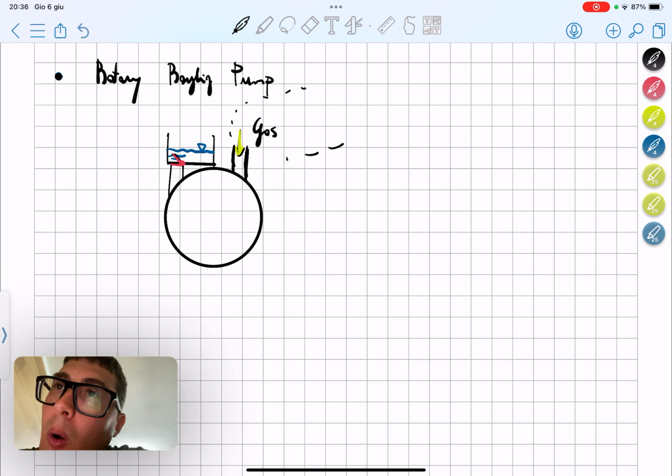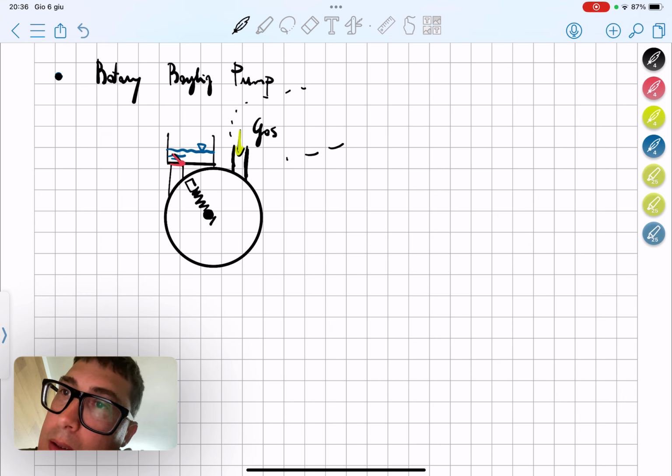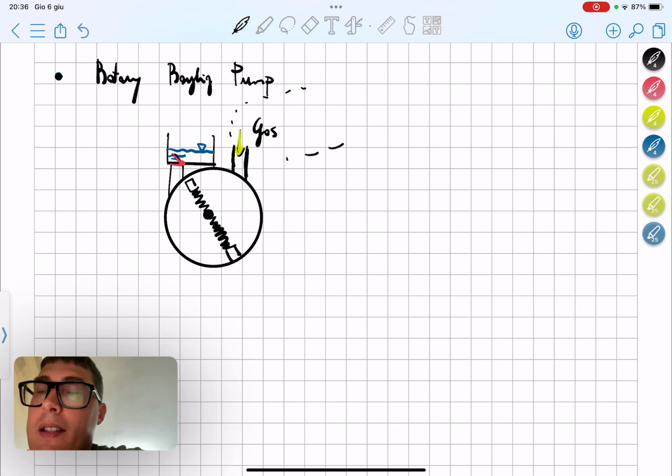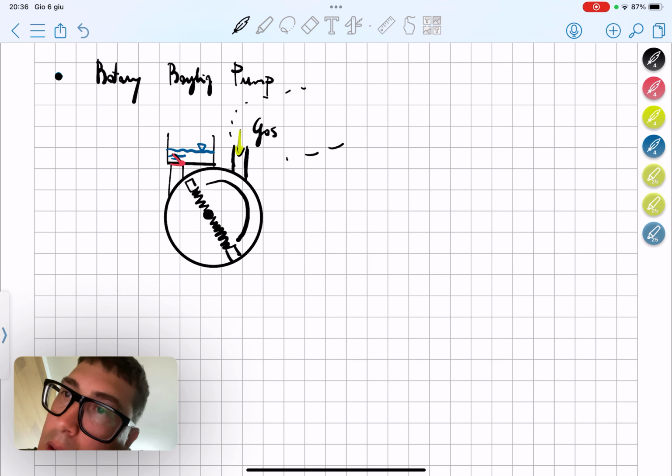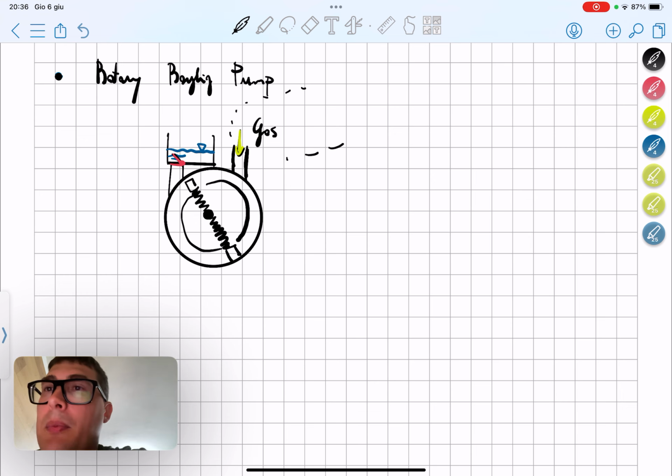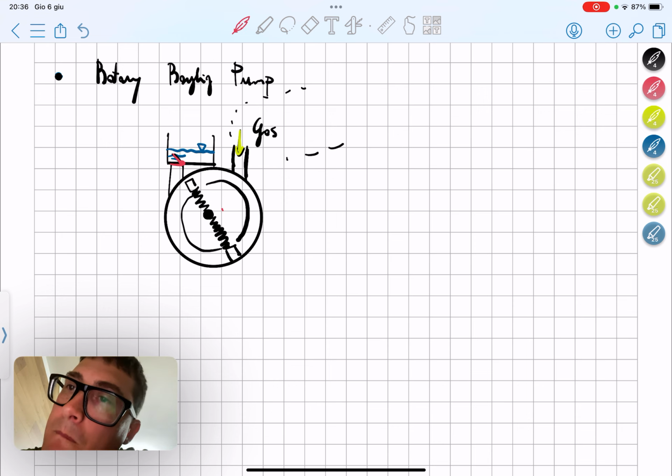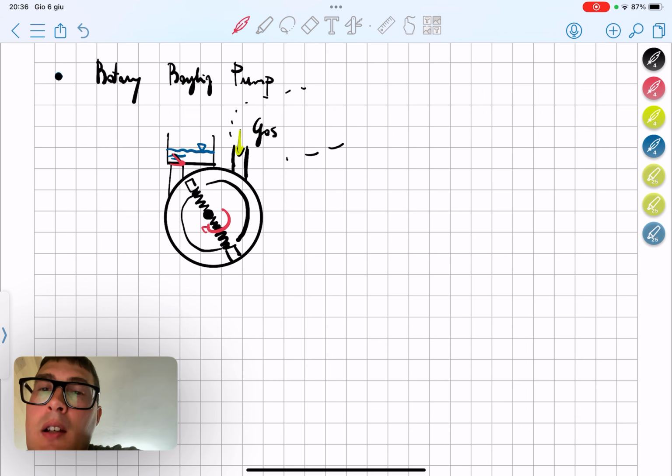Inside this rotary roughing pump, there is an asymmetric mechanism composed of two springs which keep this part compressed as it rotates in a clockwise way.